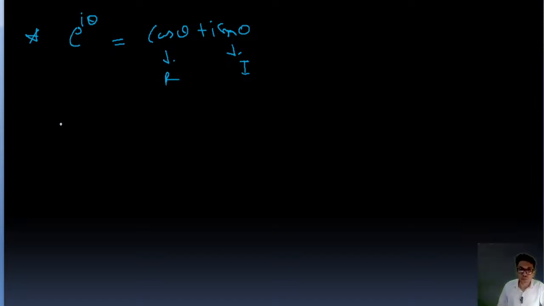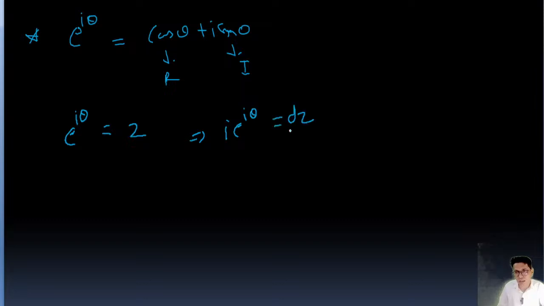Now for this type of question, what we are going to do is put e to the power i theta equal to z. Differentiating with respect to theta, dz upon d theta is iota e to the power i theta.